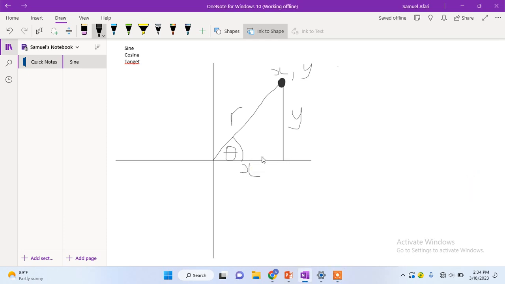If this is theta, we know we have SOHCAHTOA. From the principle of SOHCAHTOA, let's look at what our sine theta is going to be.